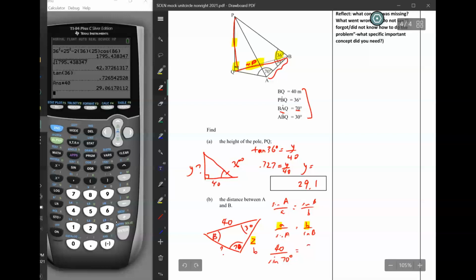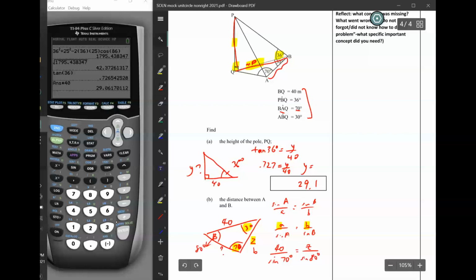So small b would be z. We don't know what it is yet. Big B, we don't know what it is either, but we do know that the other two angles of the triangle are 30 and 70, which add up to 100, so that means that B must be the supplementary angle for 100. 180 minus 100 is 80 degrees, so it would be sine of 80 degrees.